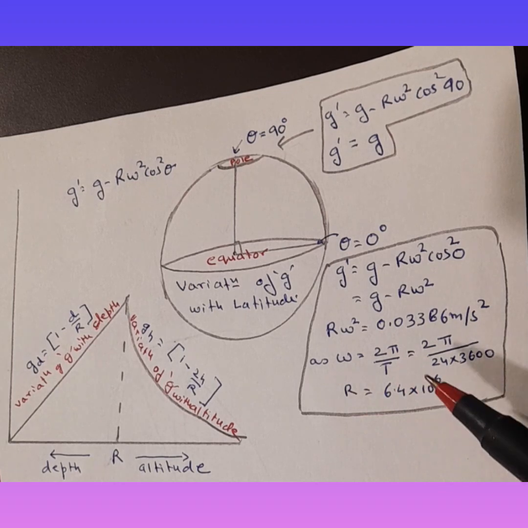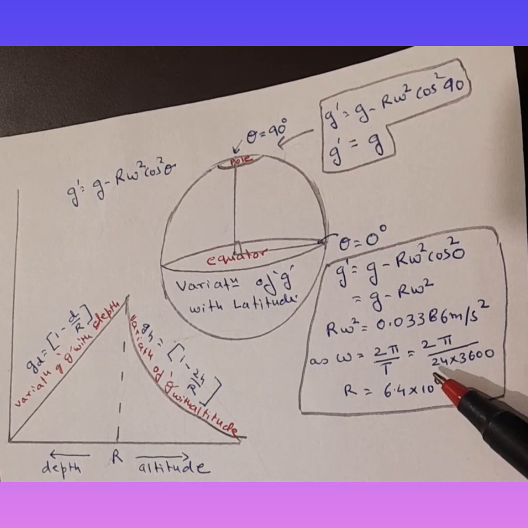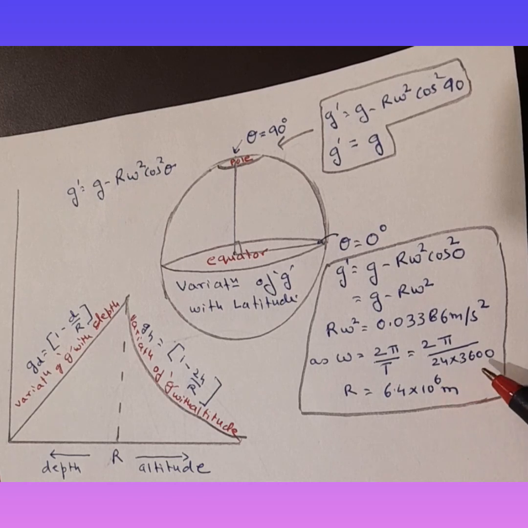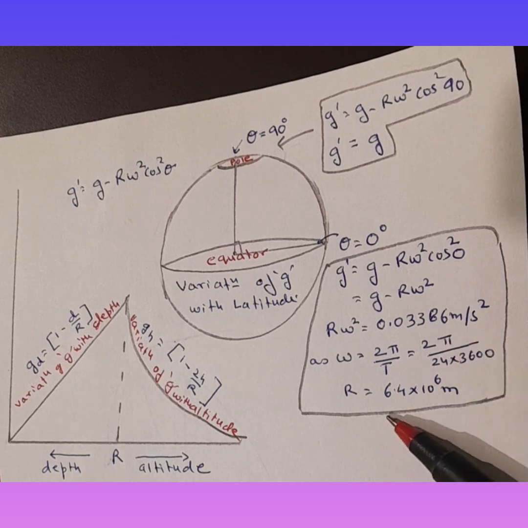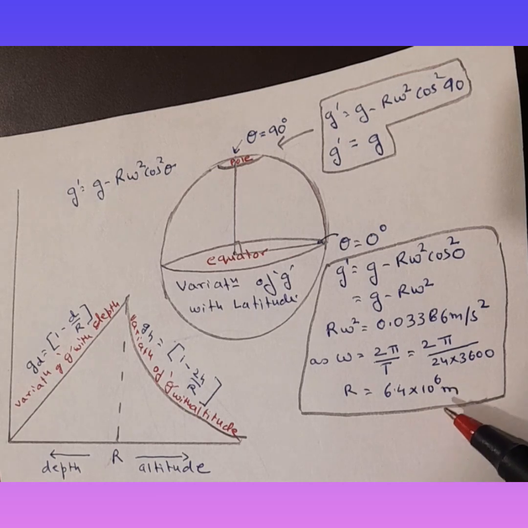So 24 hours has to be converted into seconds, so 24 into 3600. In the numerator we have 2 into 3.14, and R we know is 6.4 into 10 raised to 6 meters.